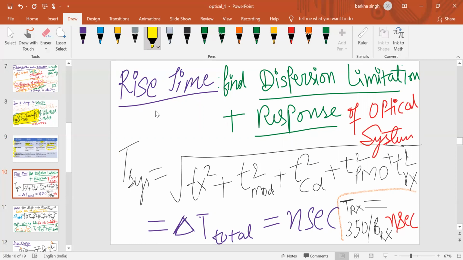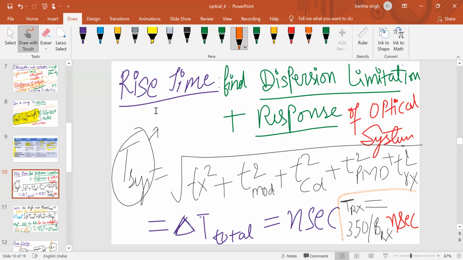We have this important formula: T system, which is system speed, is equal to the square root of transmission time squared plus modal dispersion rise time squared plus chromatic dispersion rise time squared plus polarization mode dispersion squared plus receiving time squared, which is equal to delta T total, that is total dispersion, and its unit is nanosecond.